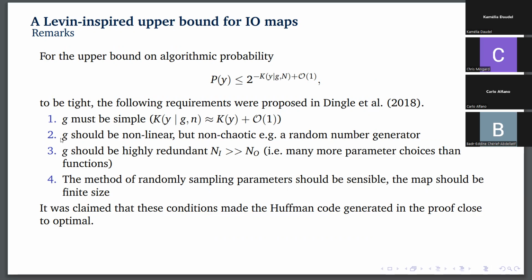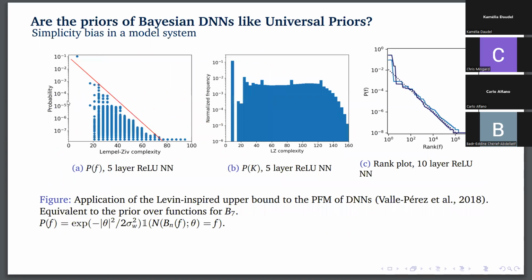And he found that if these 4 conditions were met, we saw simplicity bias. The outputs hug the bound rather than being everywhere. And this is what Guillermo then found for practical neural networks. If you look at the probabilities, this was on the Boolean system, the hypercube, each of these data points is a possible function.